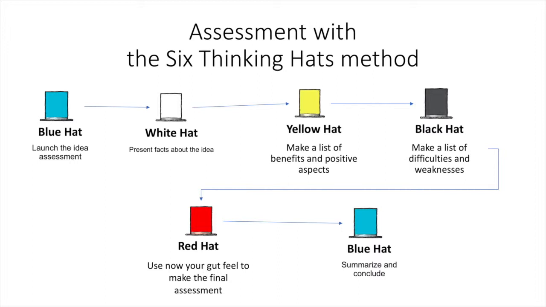And then we go over to using the red hat, where we try to feel how we want to assess finally this idea based on what we had from the yellow and the black hat. And then we conclude summarizing with the blue hat. So this is the sequence which is classic for idea assessment using the 6 thinking hats method.